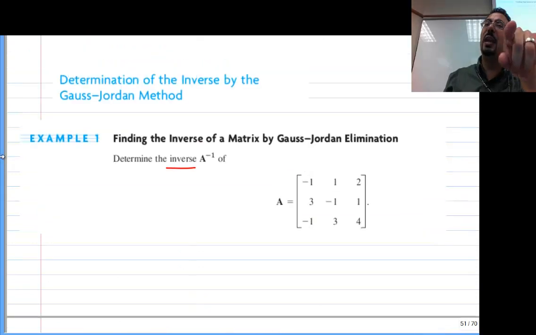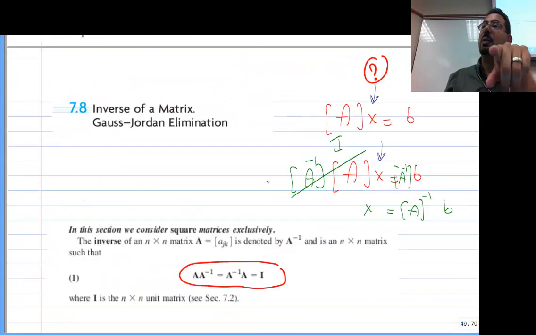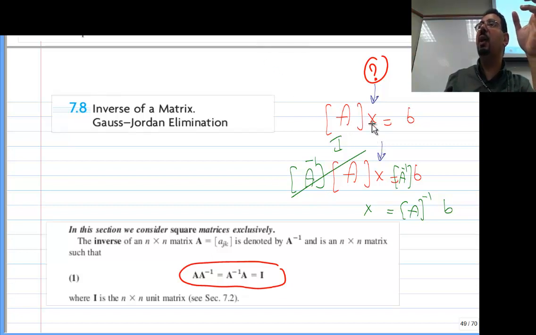Look at this. The job of this is actually to get the inverse. So why is the inverse very useful to start with? Imagine that you have A times X equal B, that's the system. We are trying to solve for X. If I multiply from the left by A minus 1, over here I'll get A minus 1 multiplied by B, a vector.